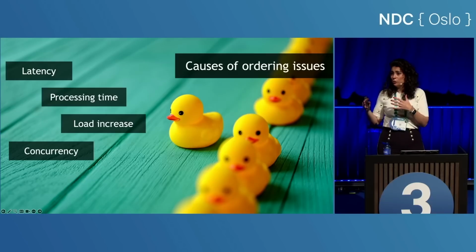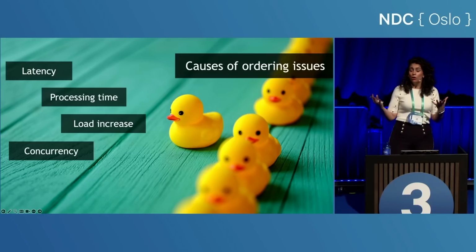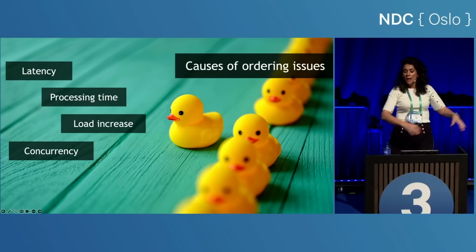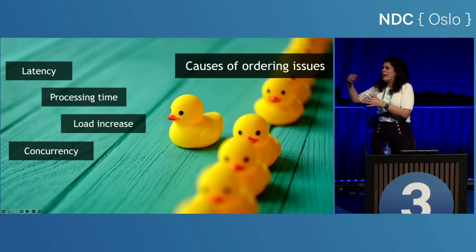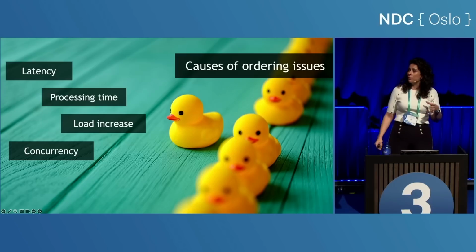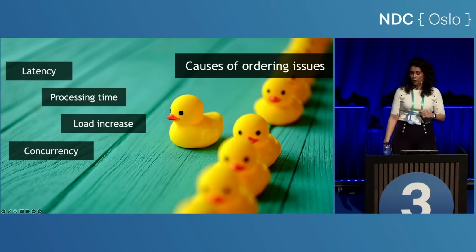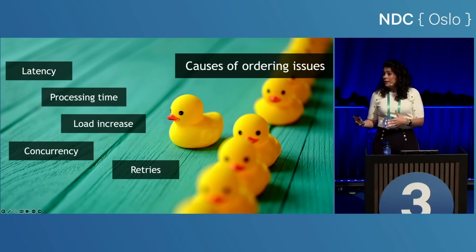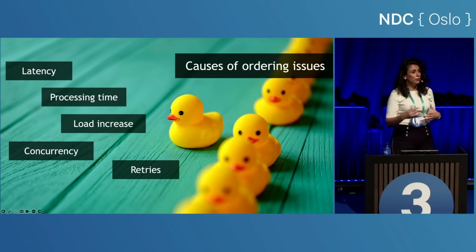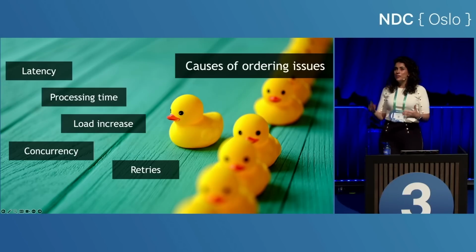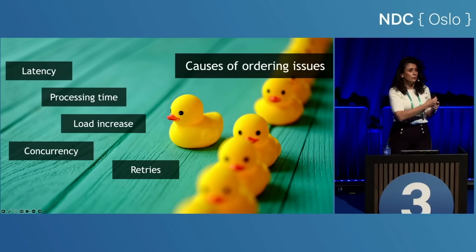It could also be due to an increase in load, right? Where you have some of the components in your system perfectly keeping up, and then other ones that are suffering, and your message is somewhere there in the queue while the rest of the system is keeping up. Again, this could cause other messages to appear out of order. And finally, it could be due to retries, right? One of the great things of building these types of systems is that you have your message safely stored on the broker.